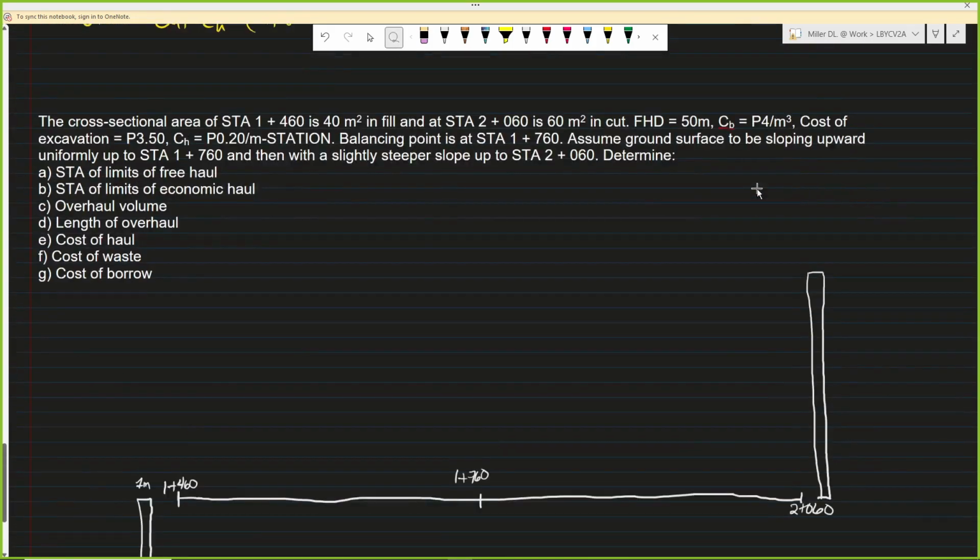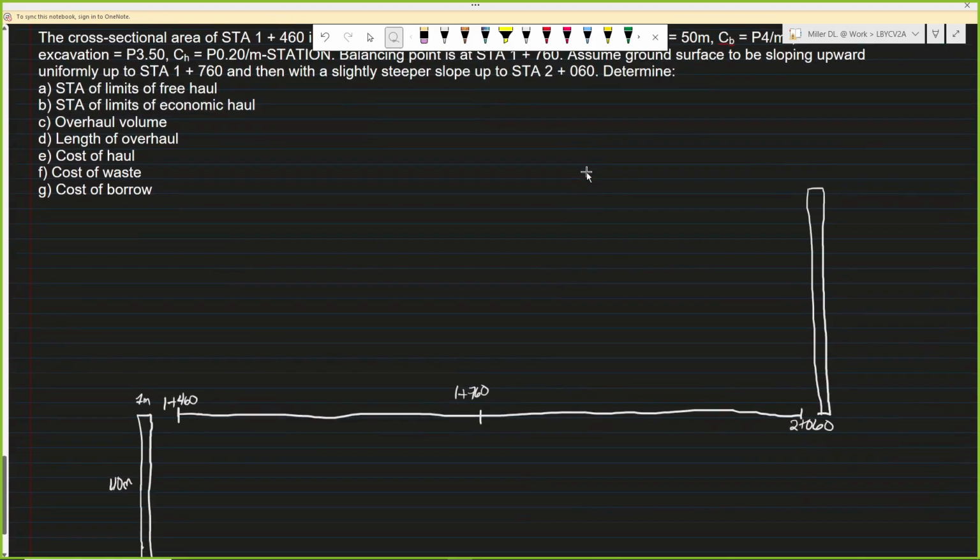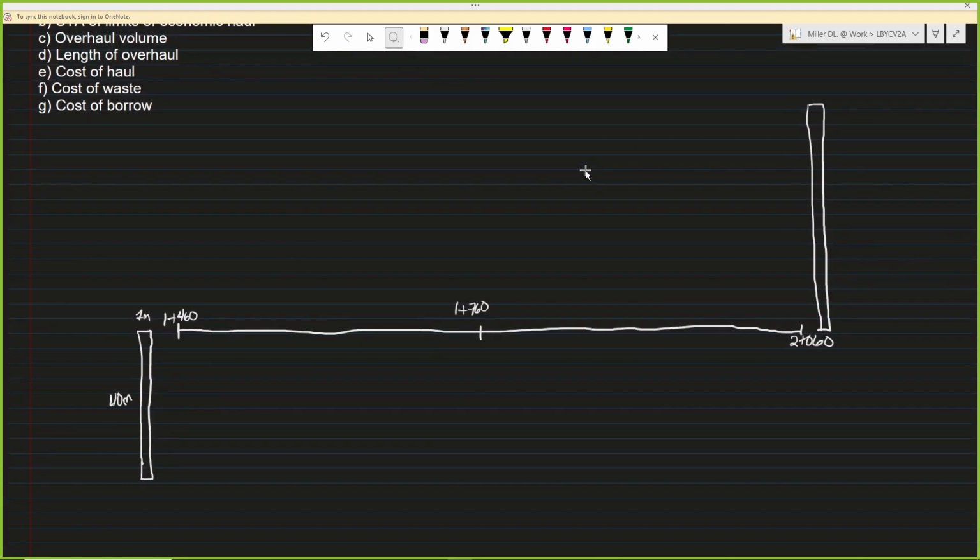Then, next, as stated here, the ground surface to be sloping upward up to 760 and then slightly steeper slope sa 260. So, mapapansin naman natin pag kinonect natin to. Okay.